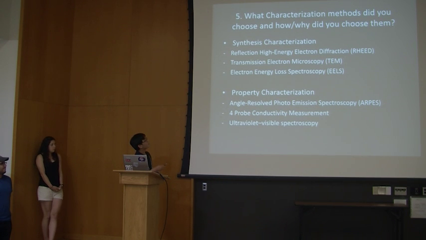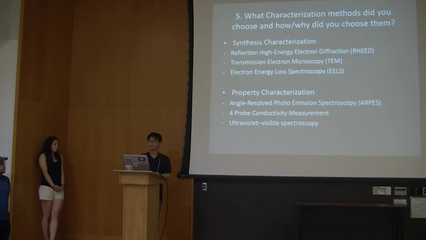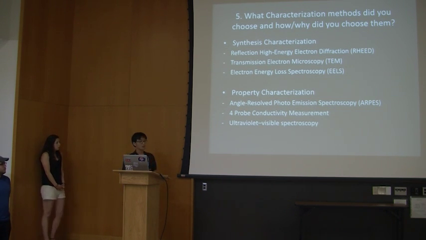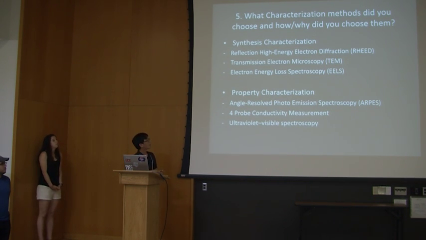So the crystallographic information plus chemical composition from these three tools will be enough to confirm whether we grew the correct material or not. And for the property characterization, it was kind of obvious. We first have to confirm that the electronic band structure corresponds to the theory, and then we have to confirm whether it's conducting or not, and transparent or not.